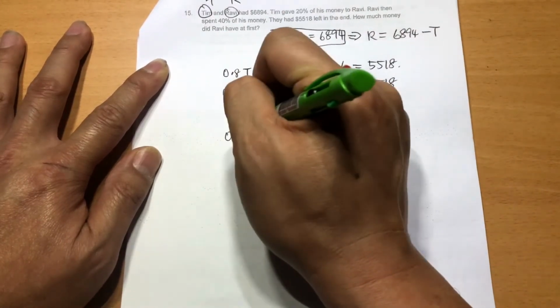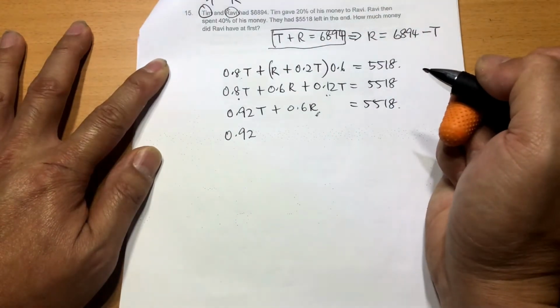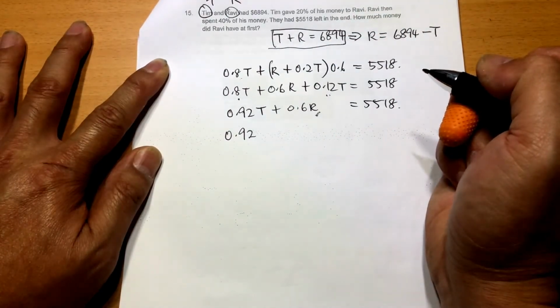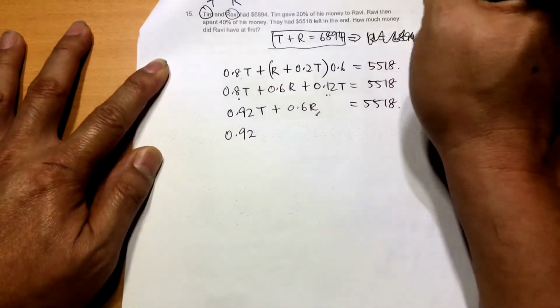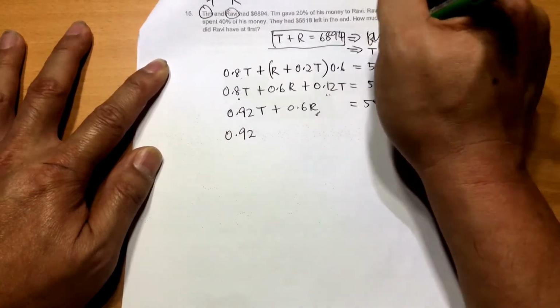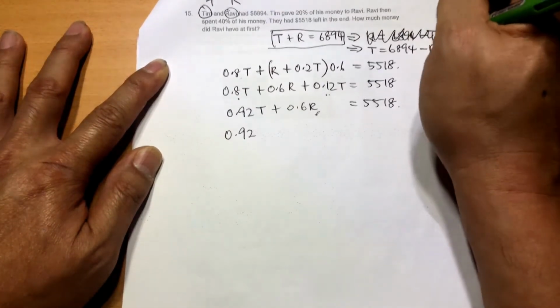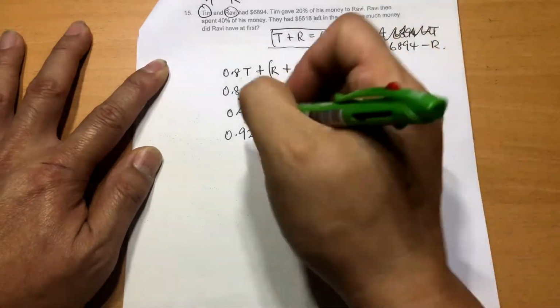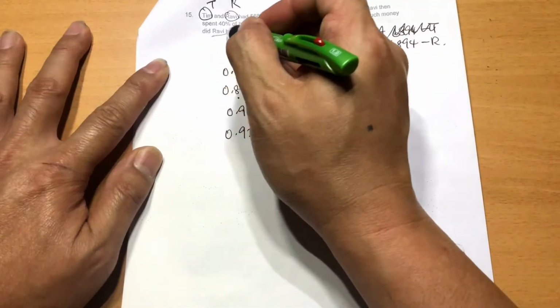Okay, so let's substitute that into this R here, right? Actually, let me do it the other way around. Let's do T, right, is equal to 6894 minus R. All right, so here 0.92, we substitute for T because we want to find what Ravi has at first.